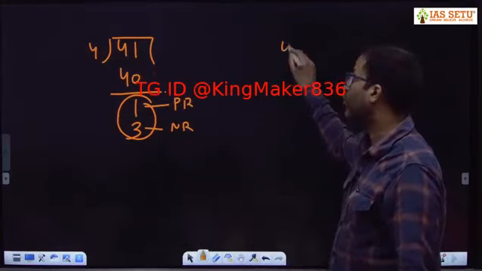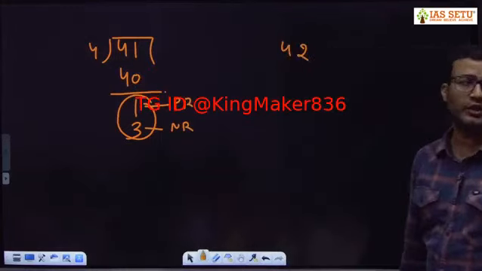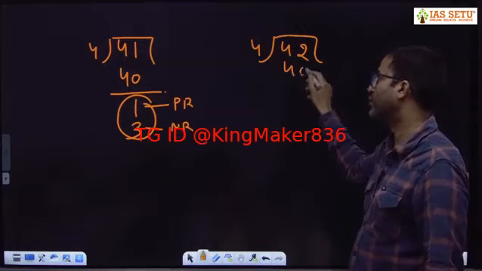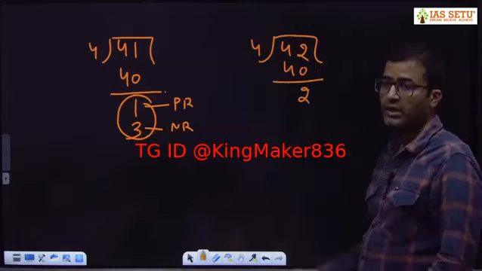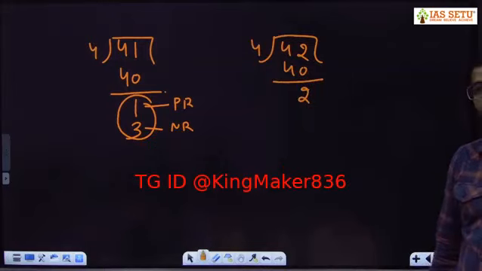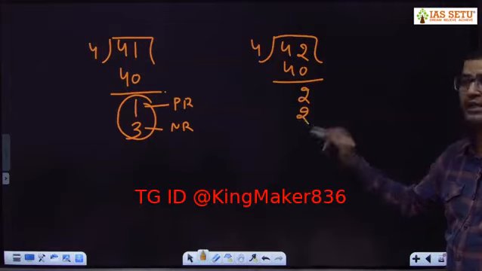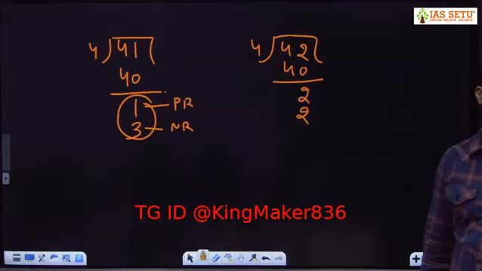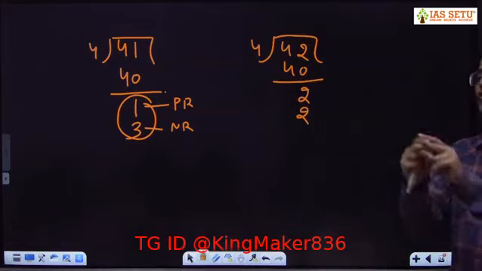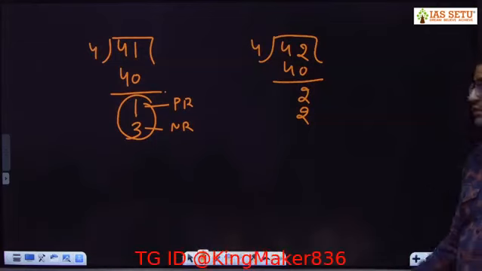Wait. For example, you have 42 chocolates with you, and you are giving 4 chocolates per head. You gave 40 chocolates. As per you, you have 2 chocolates extra, but if you see the other side of the picture, you have 2 chocolates less. You have 2 chocolates less because you can purchase 2 more chocolates, the total becomes 4, and you can give these 4 chocolates to someone else.